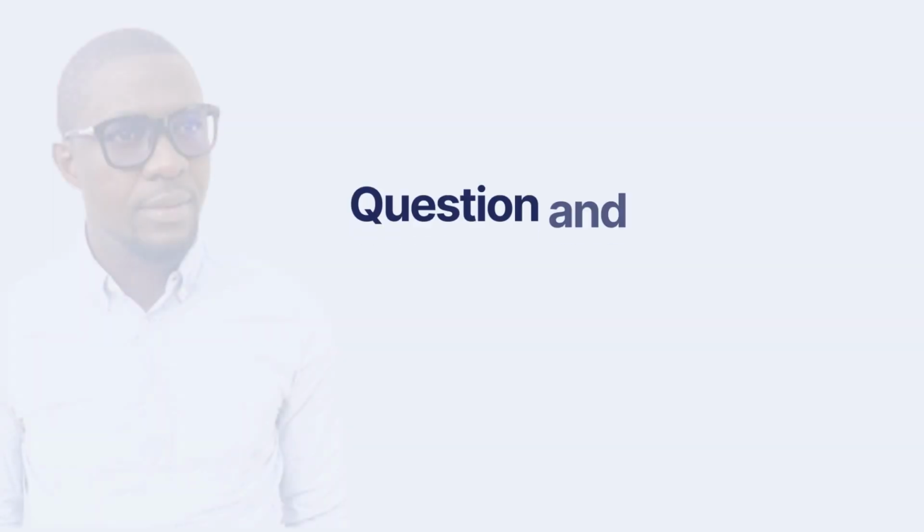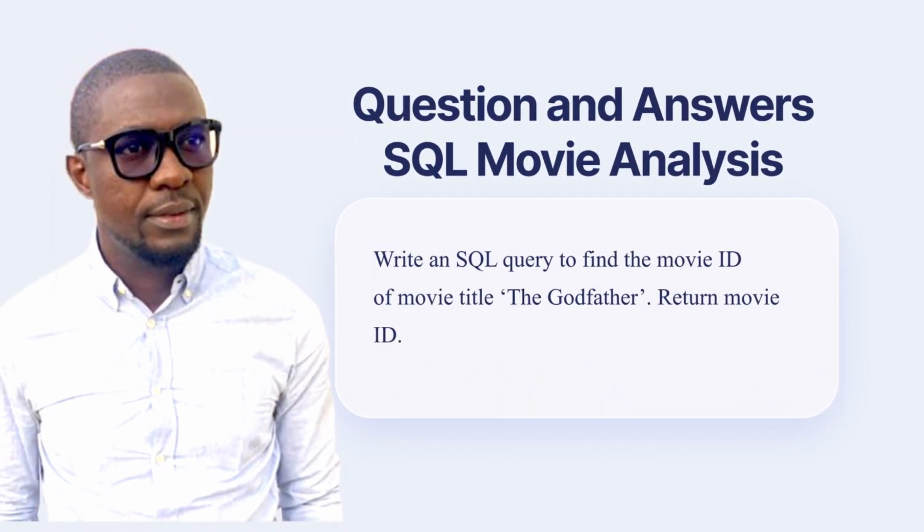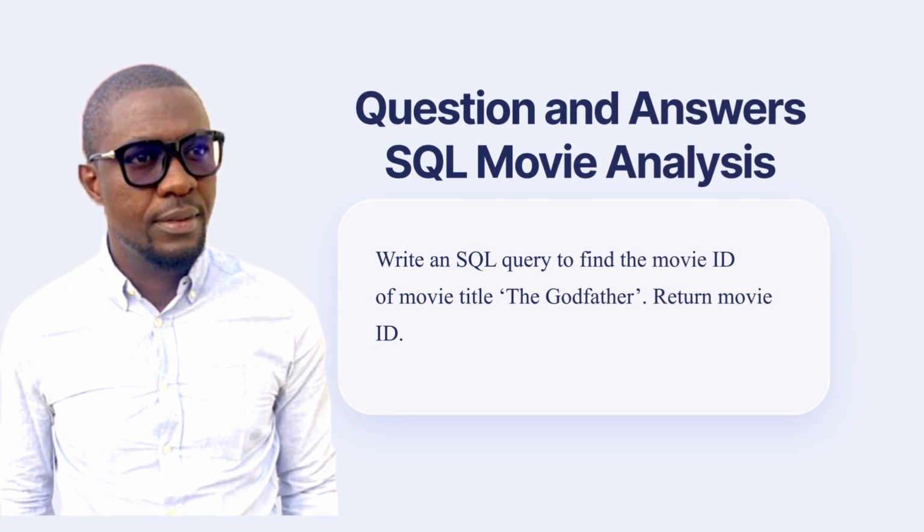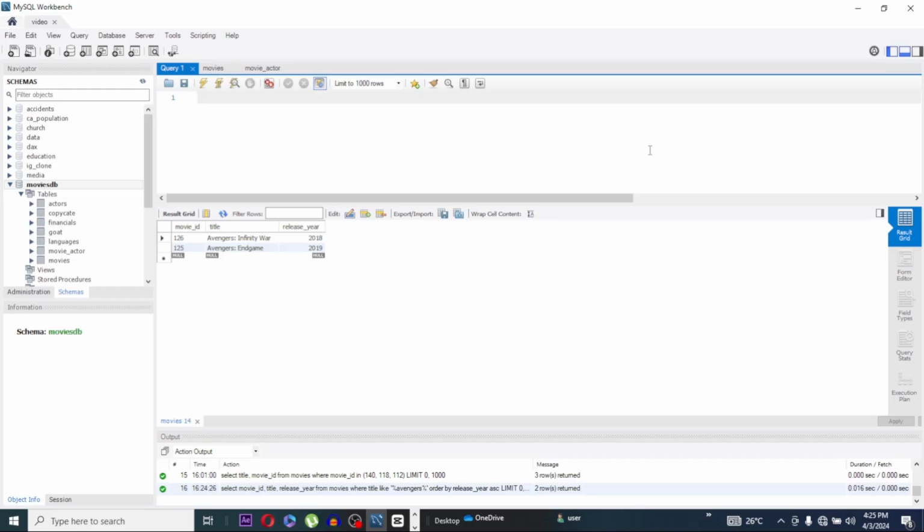The next question says, write an SQL query to find the movie ID of the movie titled The Godfather, then return the movie ID. To do that, we use select movie_ID from movies where title is equal to The Godfather.